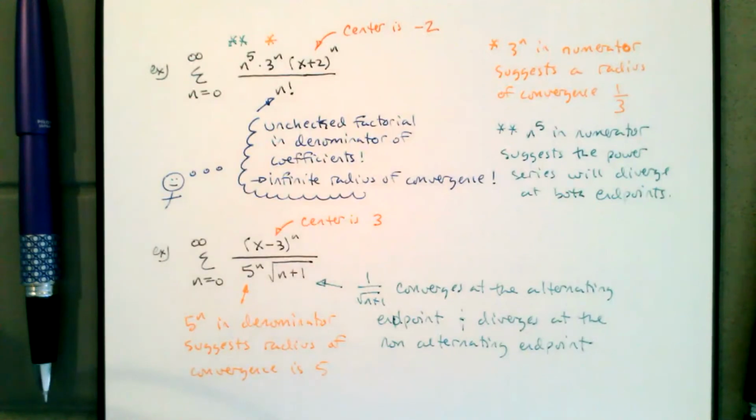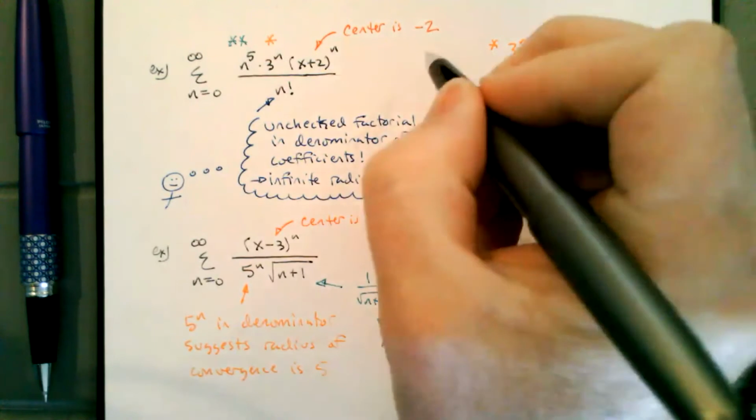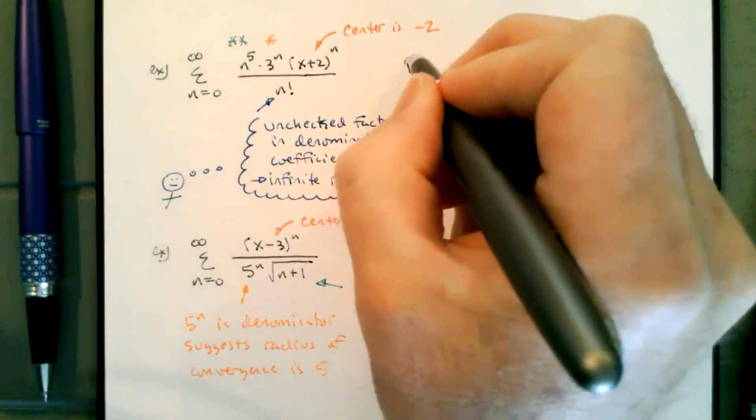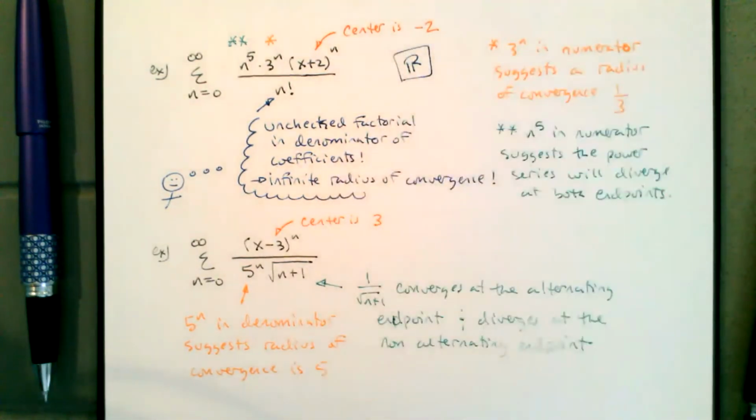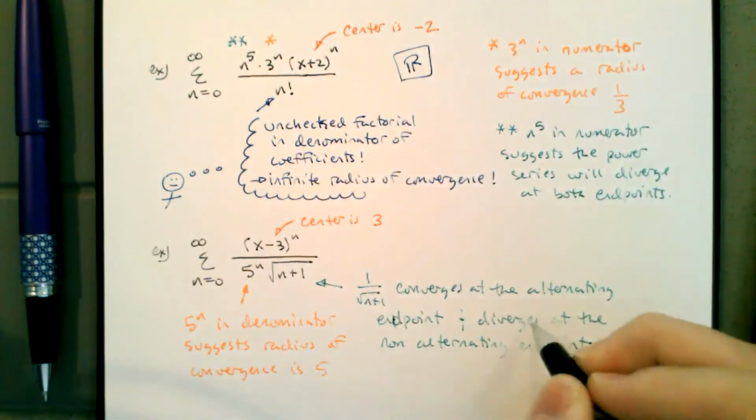There are no factorials, so this is the information that we'll go with. In the previous problem, I forgot to write down that the interval of convergence is all real numbers, and that caused me to smear my diverges at the other endpoint.